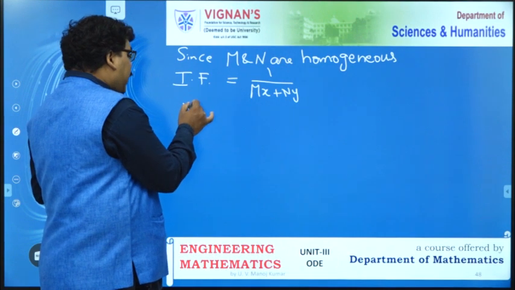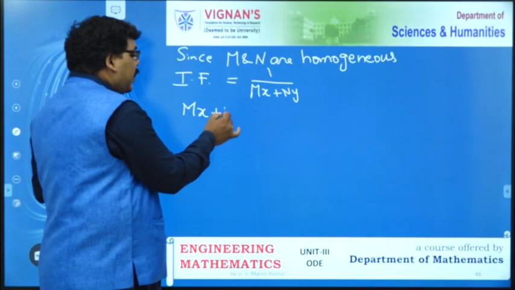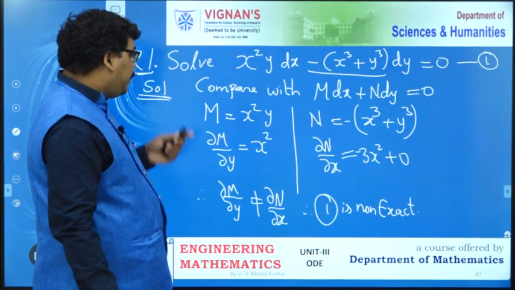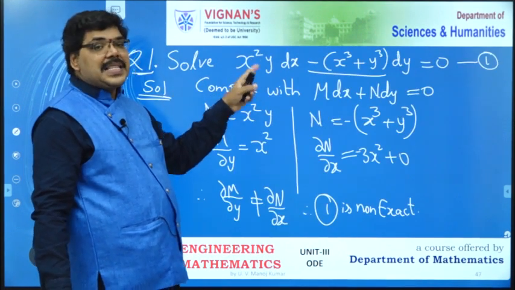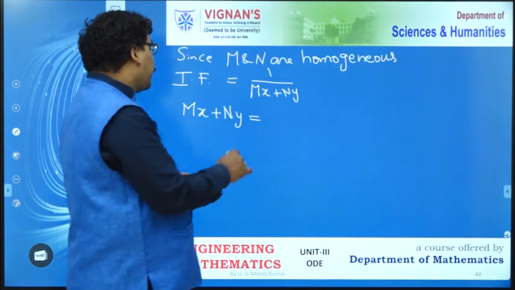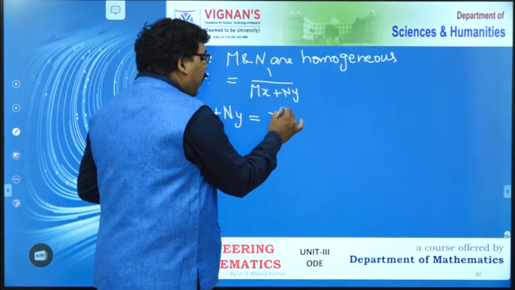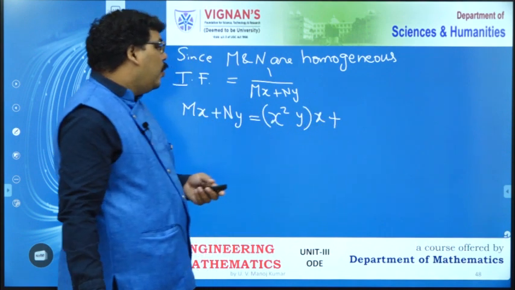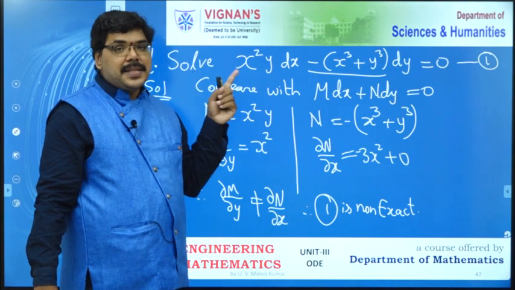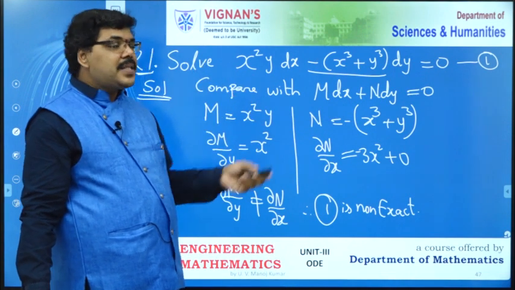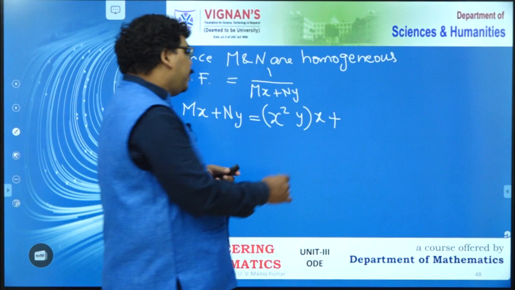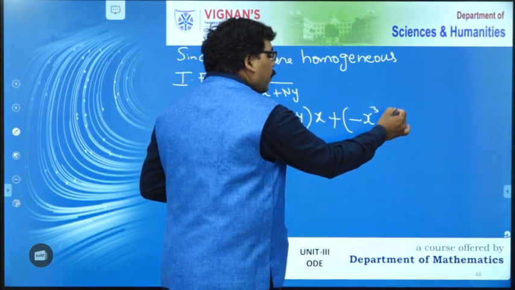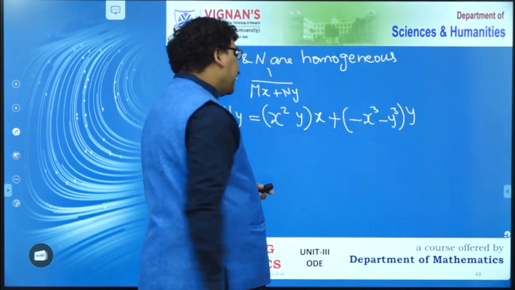Let us calculate what Mx plus Ny is. What is M? x square y, into x. What is N? You should remember the sign also. Minus of x cube plus y cube, into y.